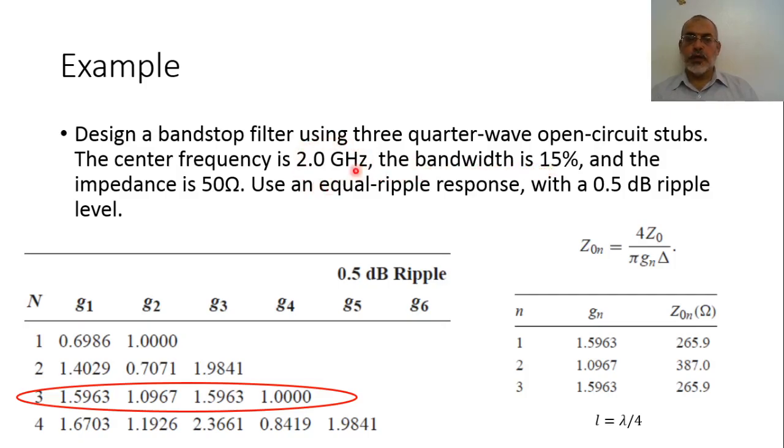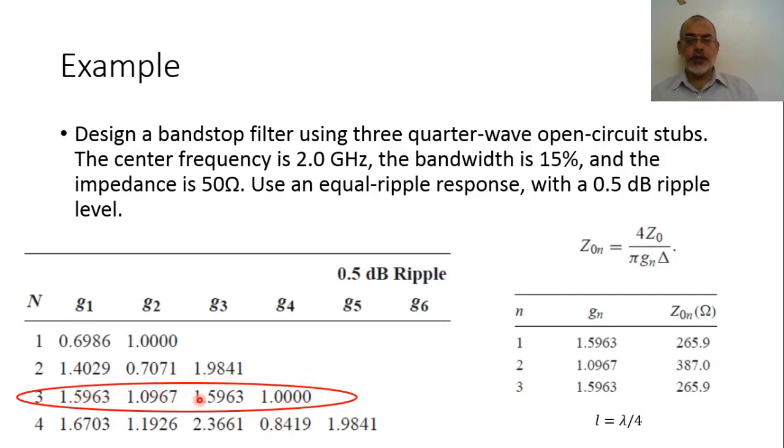So this is F naught and this is delta F. And the impedance is 50 ohm, using equal ripple response with 0.5 dB ripple level. We have 3 stubs, so we are talking about n equals 3. From the table of 0.5 dB Chebyshev filter, we have the values of G1, G2, G3, and G4 is 1, or the load is 1.